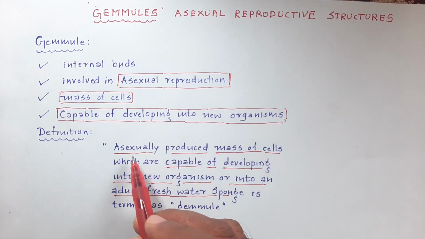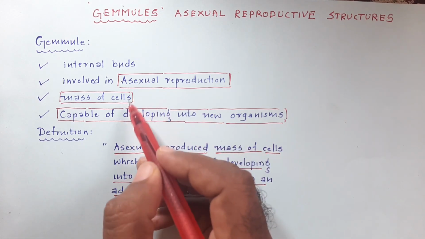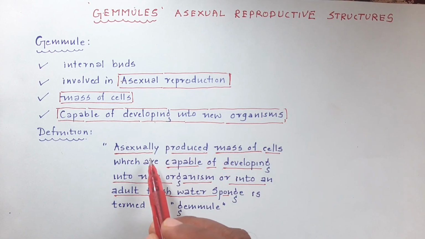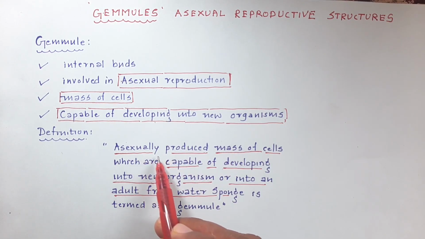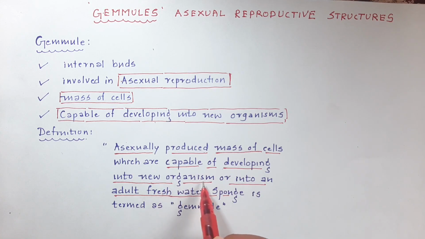That's why in the definition we have considered these three points. On the basis of these three points we get a meaningful definition: gemmules are asexually produced masses of cells which are capable of developing into a new organism.